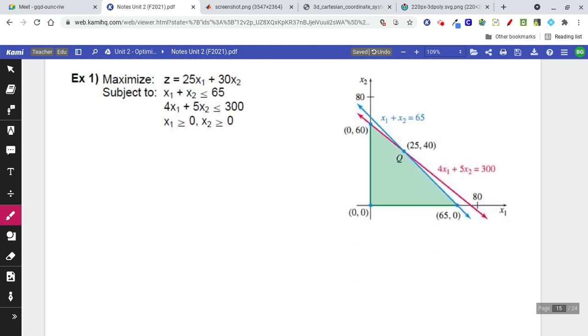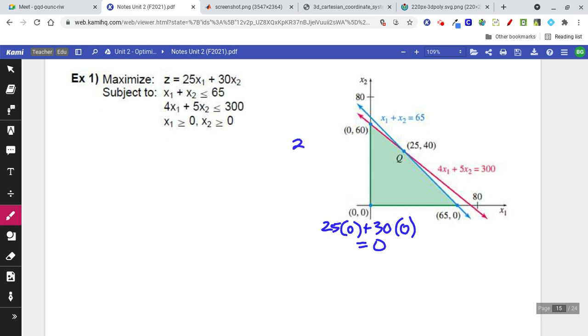So example 1 is a problem that we've done before. We did it in the last section by graphing. This is the method of corners, and I went ahead and showed you the graph. But when we used the method of corners, you plugged those corners into the objective function. And it looks something like this: 25 times 0 plus 30 times 0 was 0.